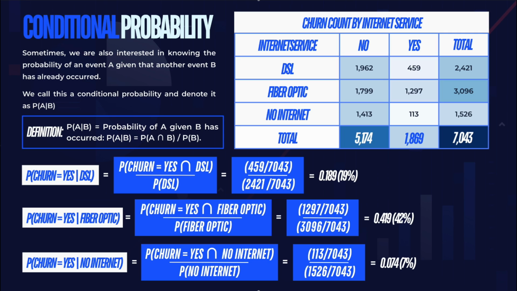So for example, if I want to calculate the probability of churn given the DSL internet service type, P(churn = yes | DSL) is equal to P(churn = yes intersect DSL) divided by P(DSL), which is equal to this one. And we can do the same for P(churn = yes | fiber optic), and P(churn = yes | no internet) as well.